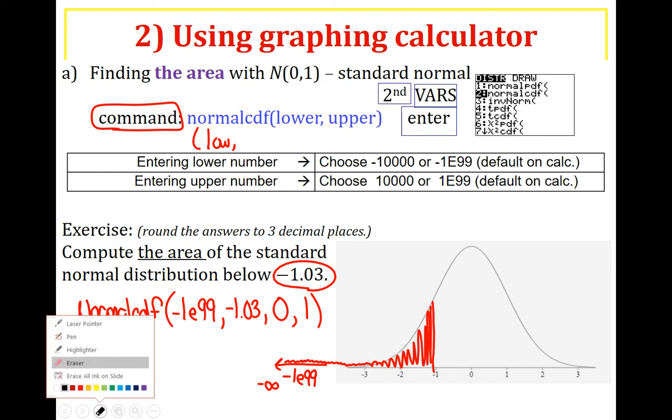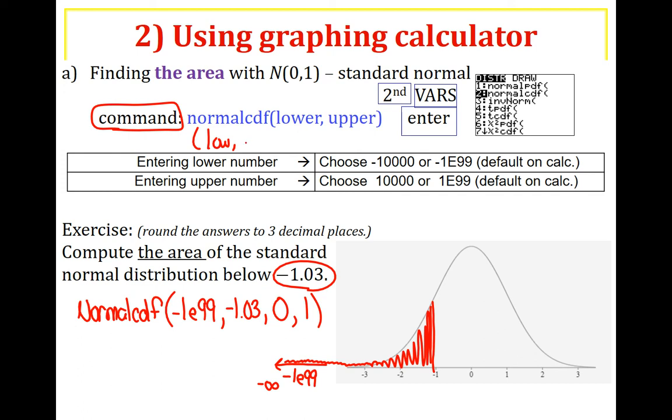Upper, comma, mu, comma, sigma. That's how you always want to enter your command for your normal CDF. So we found approximately that 0.152 p-value. That's what we were searching for.